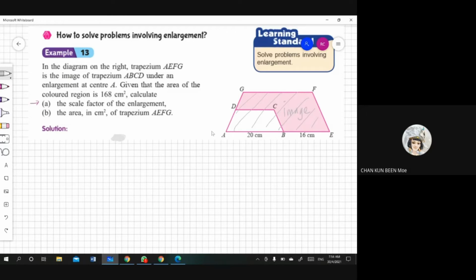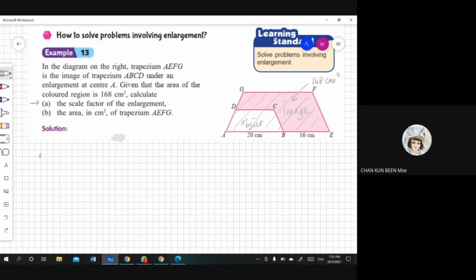After that, trapezium ABCD will be the object, this one, under an enlargement at the center A. So remember, this is the center. Given that the area of the colored region is 168, meaning this region over here is 168 square centimeters. Calculate the scale factor of the enlargement.